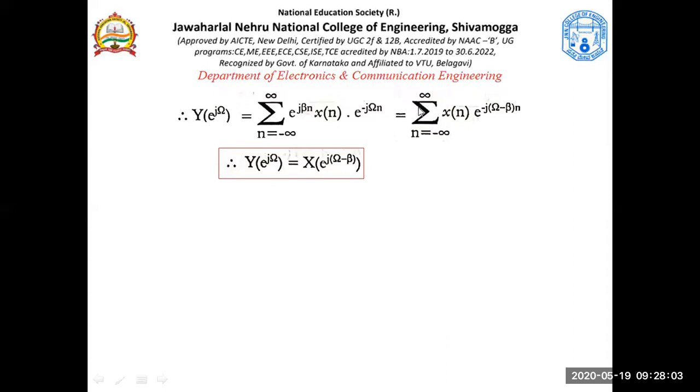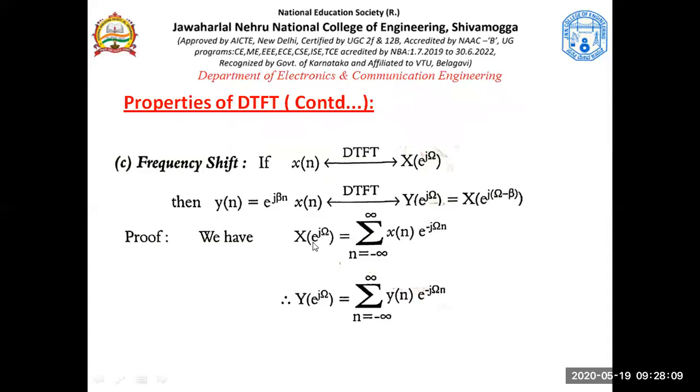Now if you compare this equation with this equation, see if there is omega here, it is e power j omega. If there is omega here, it's e power j omega.